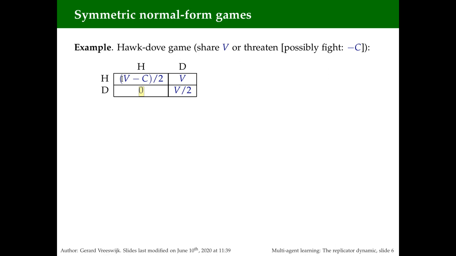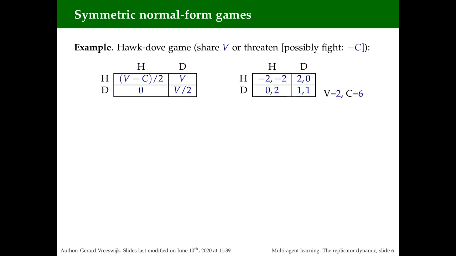If both parties are aggressive, then they share the resource, but also share the possible costs that are the result of fighting. Fighting incurs damage, and damage implies cost. So we have to subtract the cost from the shared profit.